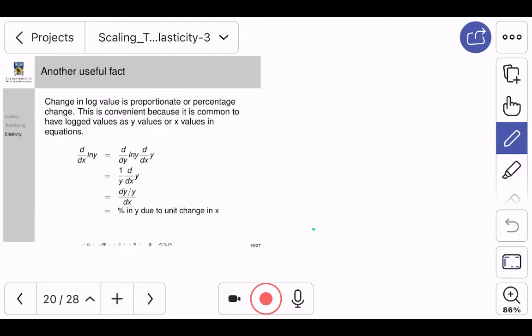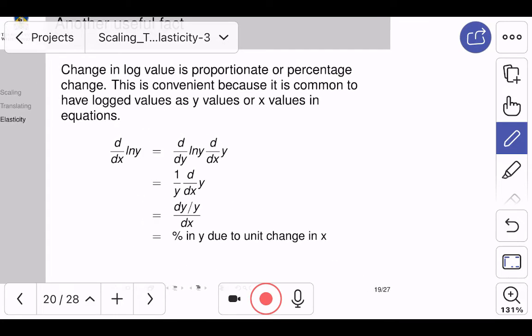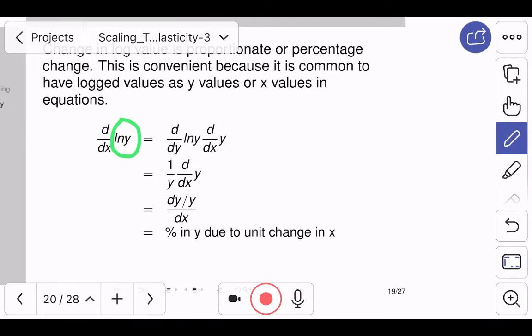Now, if we look at just one more fact, you can think of the change in the logged value as it goes, right? And this is just using what we have just discussed to show you that actually this becomes that one, okay?